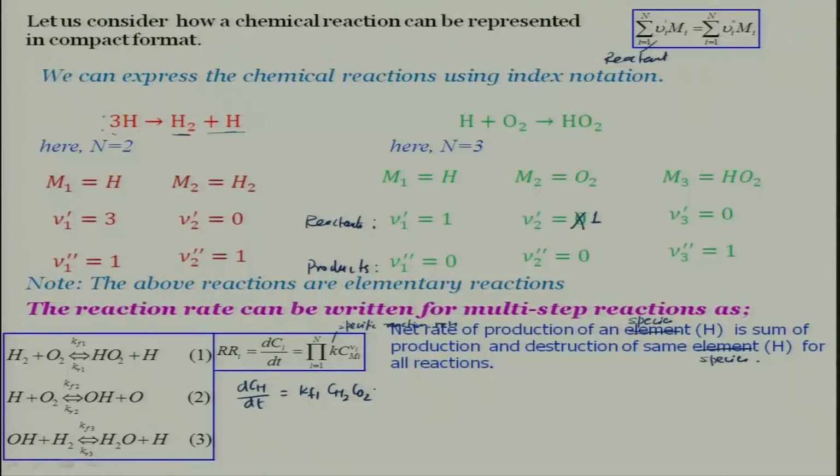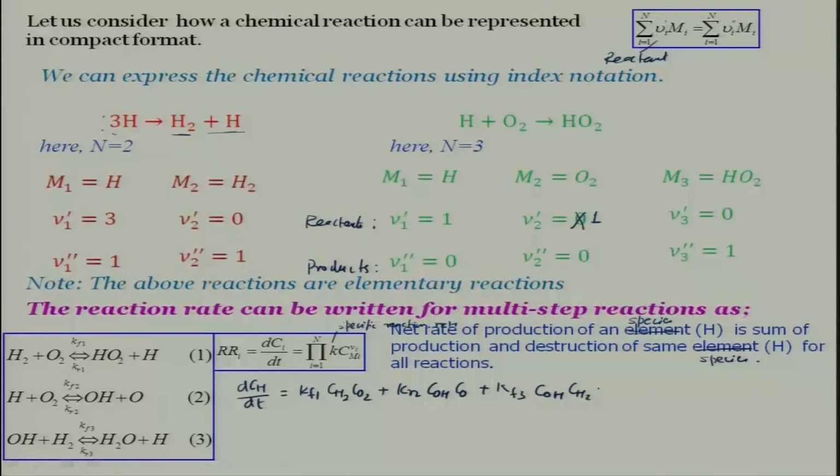I will be talking about production first, of H. Then I will get into reaction 2, where H is produced if you go in the reverse direction, otherwise no. So, then that will be Kr2 COH CO. And in reaction 3, H is produced in the forward direction. So, this will be Kf3 COH and CS2. This is about being produced, and it is also getting destroyed.